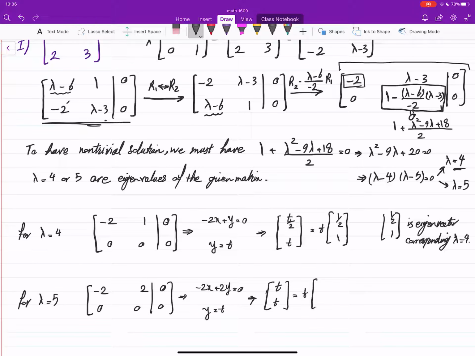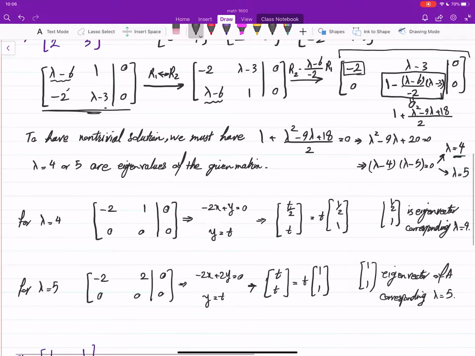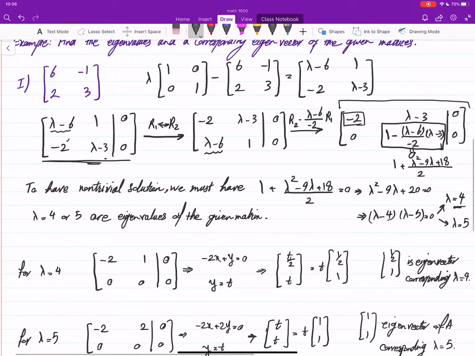So (1, 1) is an eigenvector of A corresponding to lambda equal to 5. Well, hopefully this example shows you everything that you wanted to know here.